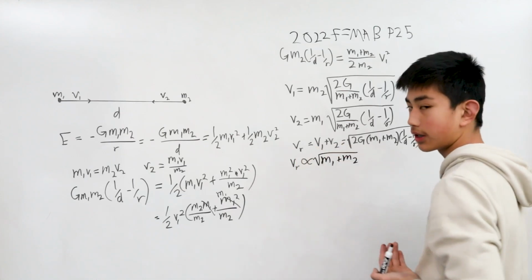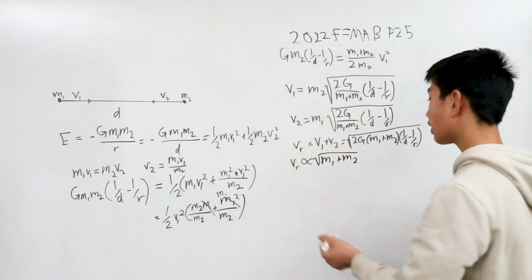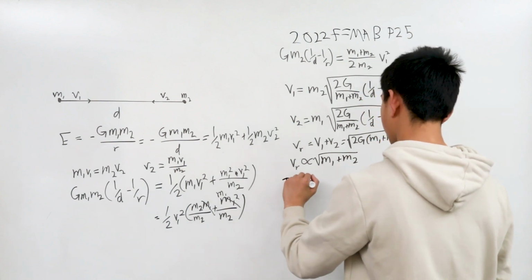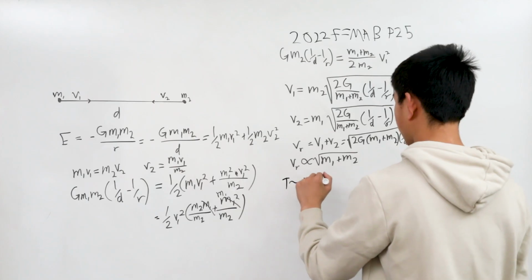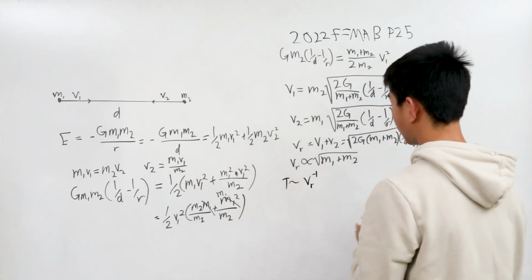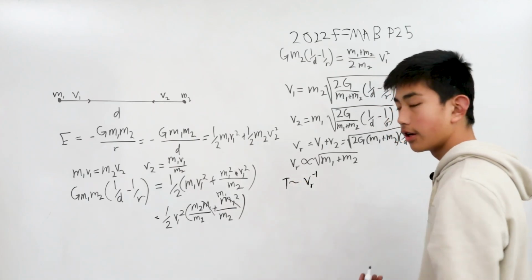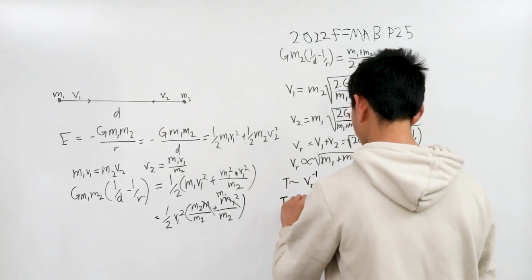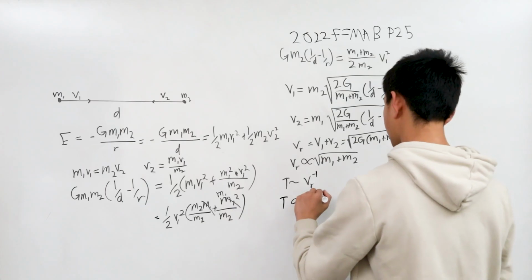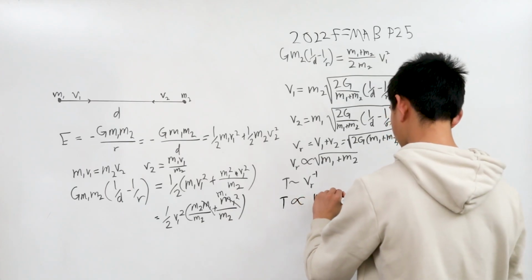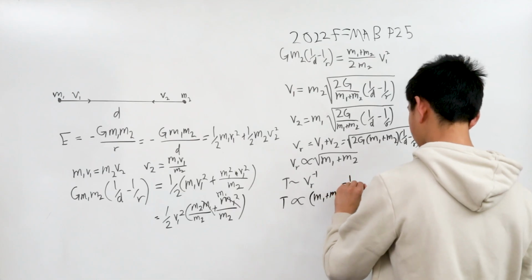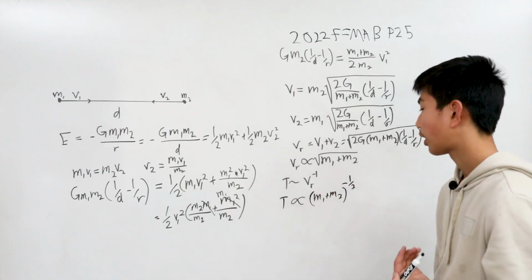Now in this instance, we can estimate that time is about the reciprocal of the relative velocity. So therefore, we can say that time is proportional to M1 plus M2 to the power of negative 1/2.